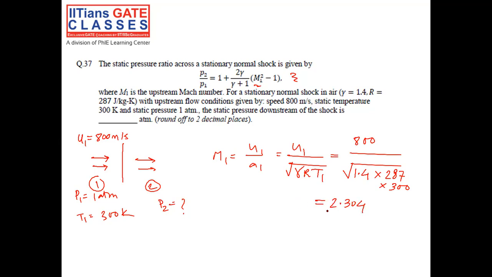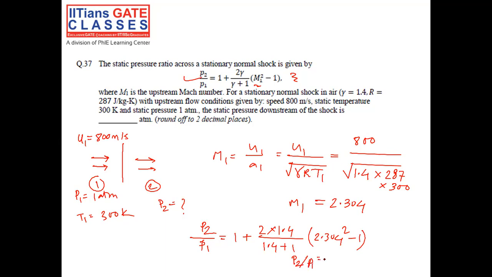Now we just have to substitute this value in the given equation. So from that we get P2 by P1 equal to 1 plus 2 into 1.4 by 1.4 plus 1 multiplied by 2.304 square minus 1, which gives P2 by P1 equal to 6.026.